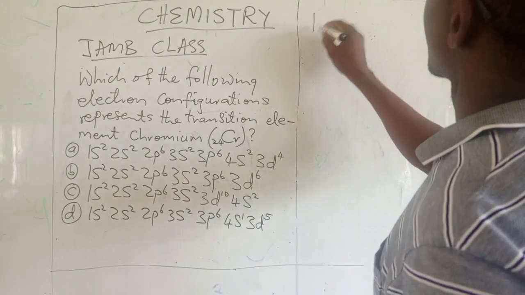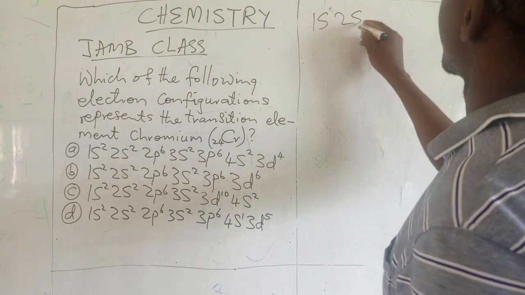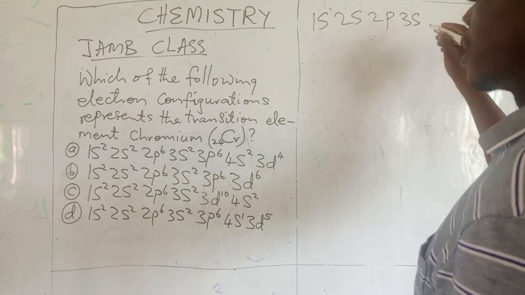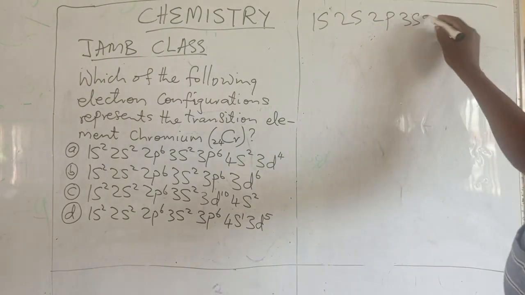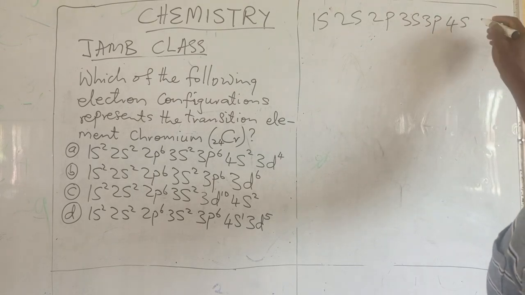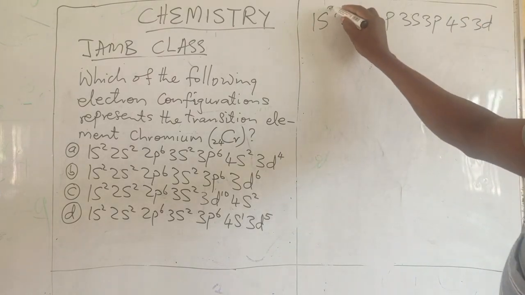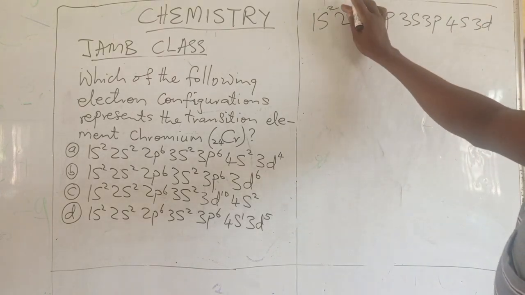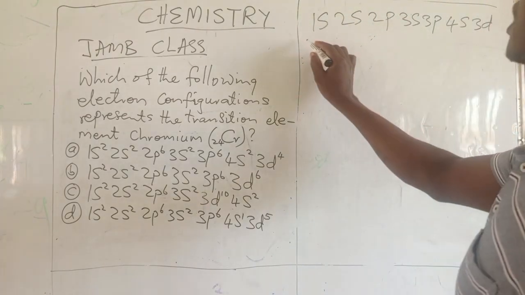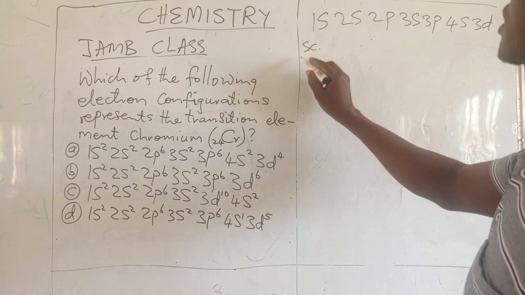Using this, 1s, 2s, 2p, 3s, 3p, 4s, 3d. Let's put those electrons too. This is the base that I want to use and work with. If I am dealing with scandium, the atomic number is 21.